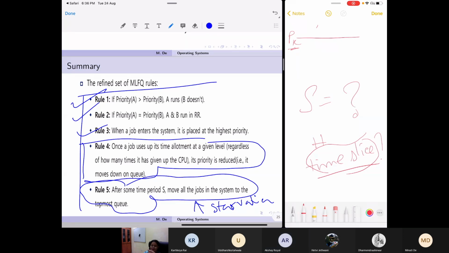Right. So in the highest priority level, you are assuming that they are actually IO oriented, right? So in the highest priority, the time slice should be small, right? And as you go down the line, the time slice should be bigger. But the question is how much bigger it should be. That's a design decision.